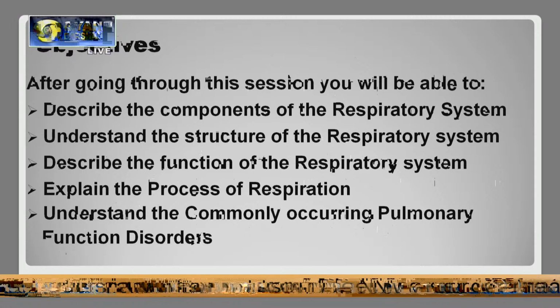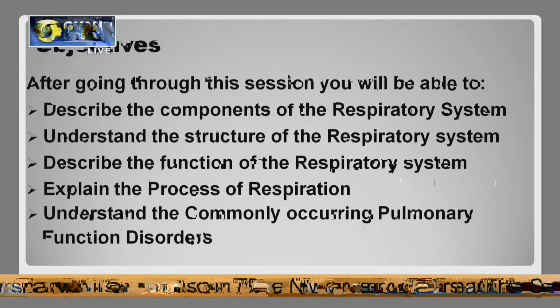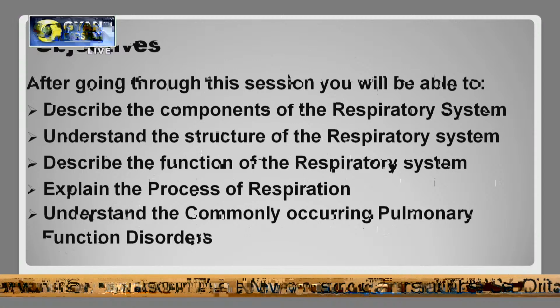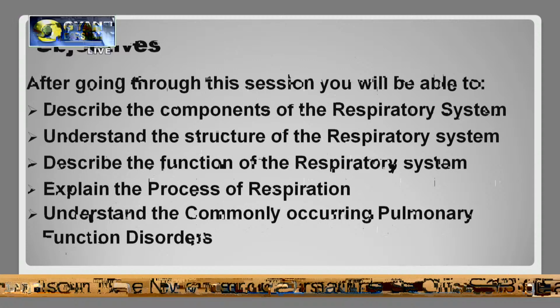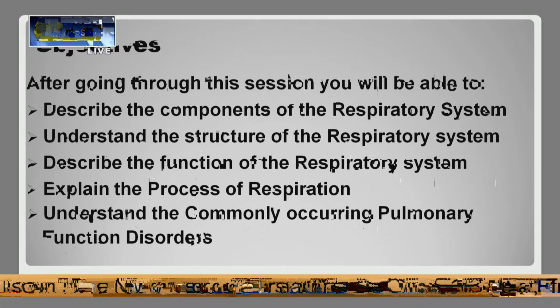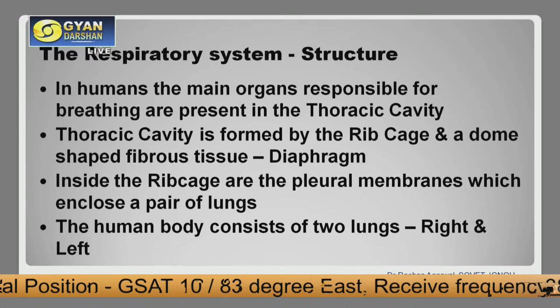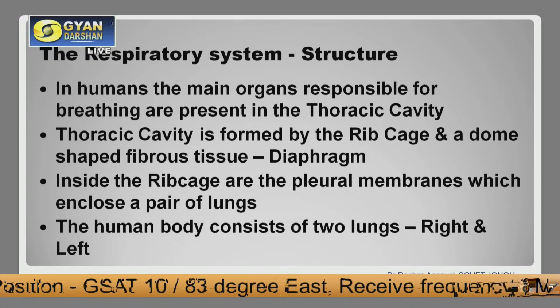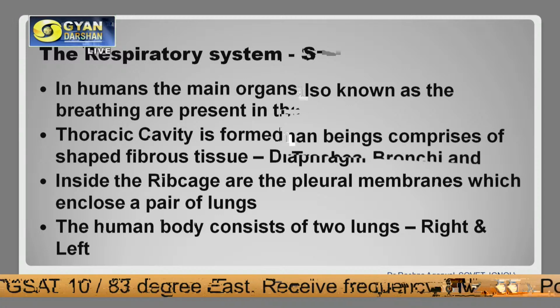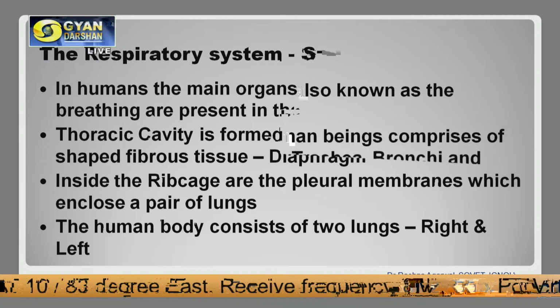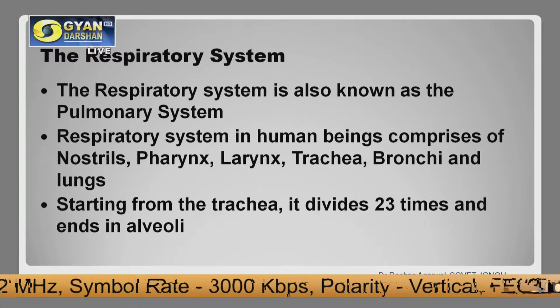These membranes enclose the pair of lungs in the chest cavity, and our human body consists of two lungs, one on the right and the other on the left side of the chest. The respiratory system is also known as the pulmonary system.